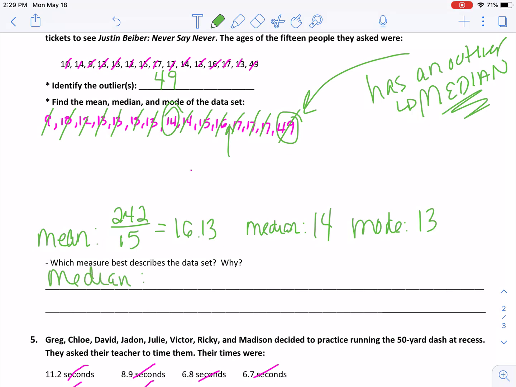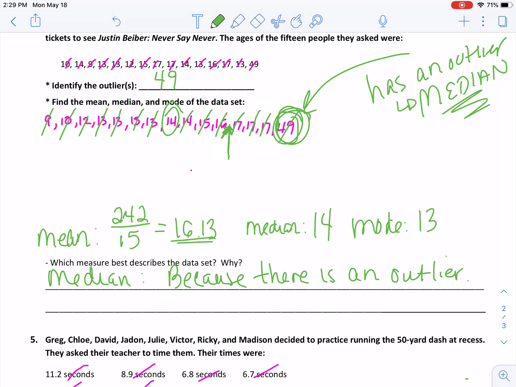Notice that the mean was 16.13, but if you plotted that point in the data, it would be way over here. Wouldn't you agree that the majority of the people buying tickets were under the age of 16? This outlier is pulling that mean up. So the median is the measure of central tendency that's the best representation of the data, because there is an outlier.